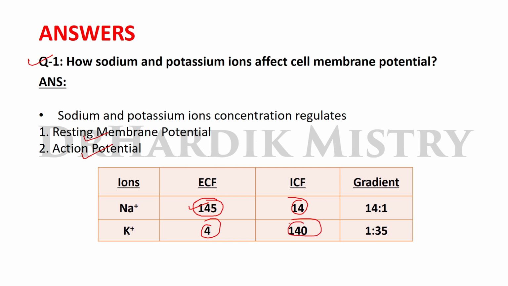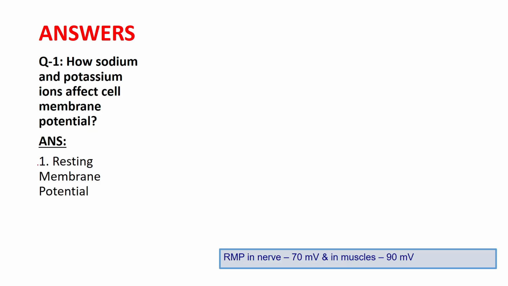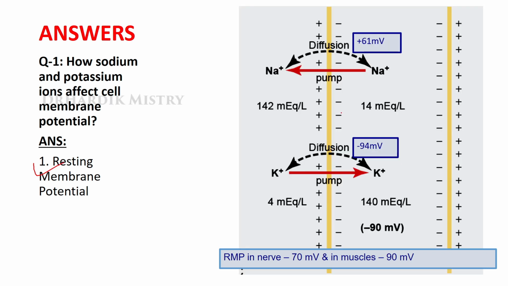The gradient of sodium ion from extracellular fluid to intracellular fluid is 14:1, and the gradient of potassium ion from the extracellular fluid to the intracellular fluid is 1:35. How do sodium and potassium ions regulate the resting membrane potential? Here it's a cell membrane, and on the cell membrane there are sodium channels and potassium channels.